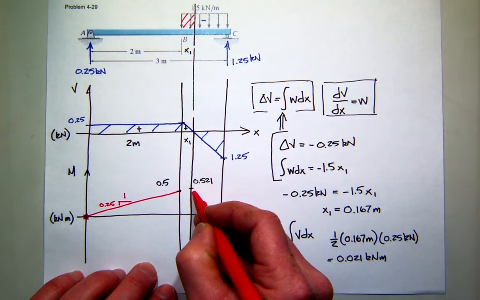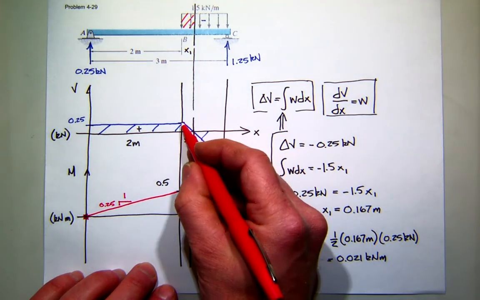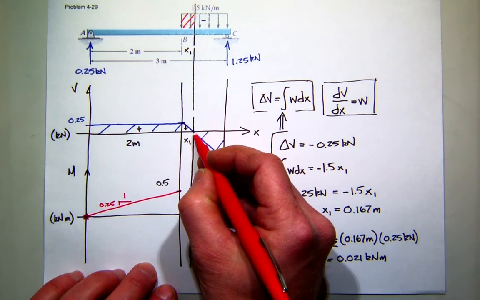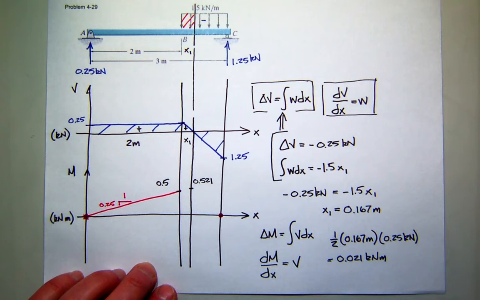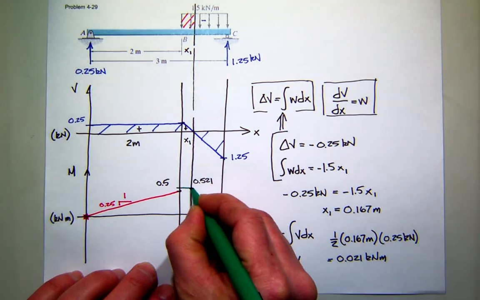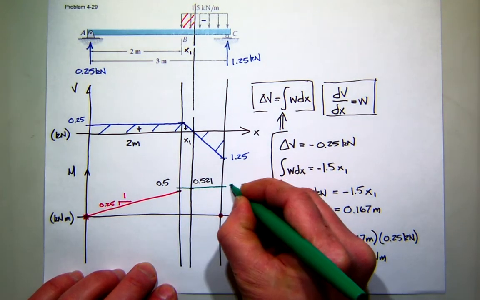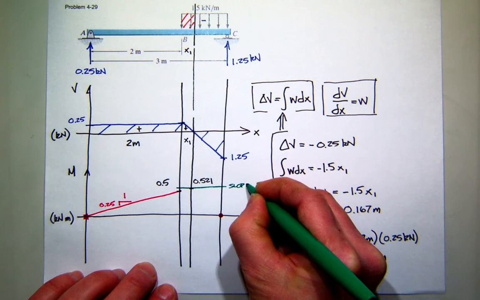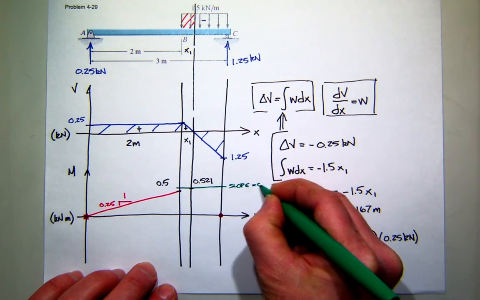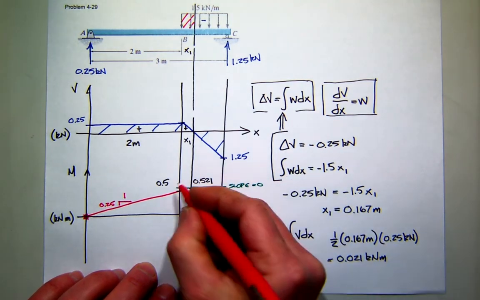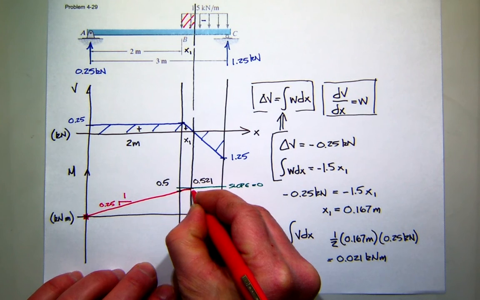But what happens is the slope, as you move to the right, the slope decreases to 0. So that means right at this point, which is hard to see, the slope equals 0. So you do get a little bit of a curve, and it flattens out.